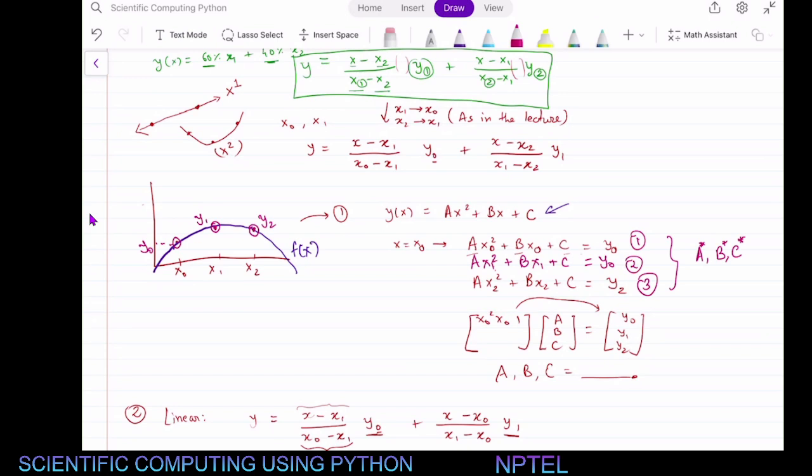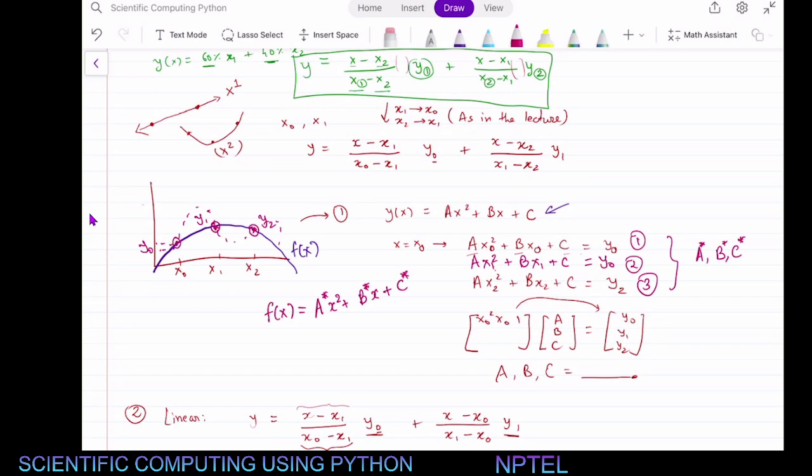So we say that f of x, which is a star x squared plus b star x plus c star, is our estimated parabola, which definitely passes through these 3 points, and we don't know if it passes through in-between points, or maybe the correct function is some higher order polynomial, and in that case we will get some error. But this is how Lagrange interpolation works.